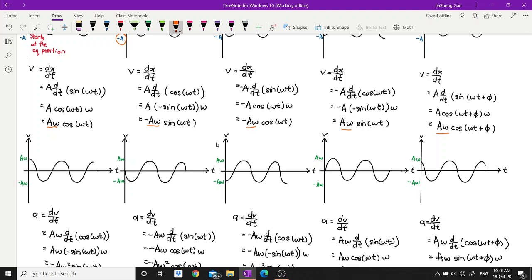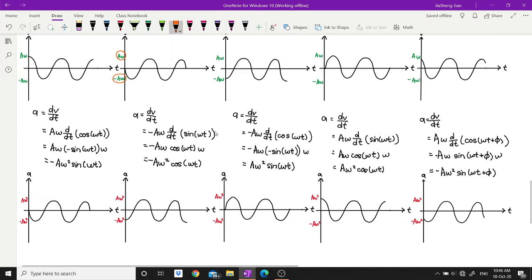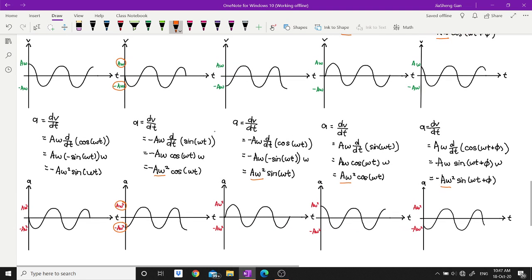So what you are labeling here is actually A omega and negative A omega. For acceleration, there will be negative A omega square or positive A omega square, so it will be fluctuating around this value. So your axis data should be A omega square and negative A omega square. So be careful with what you are labeling for the amplitude of the graph.